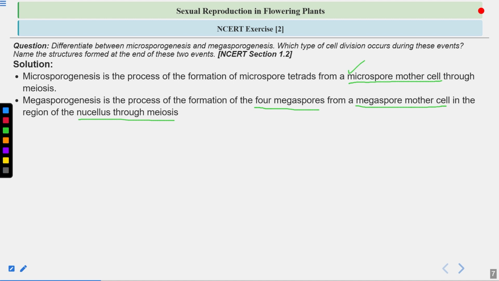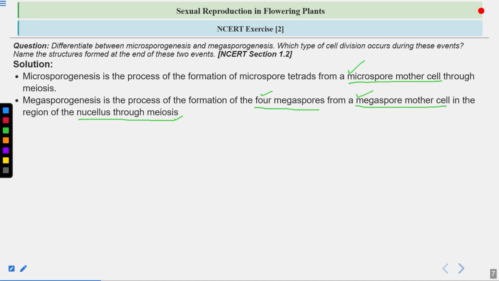All the sporogenous tissue has the capacity to form microspore mother cells, right? But one of the cells of the nucellus transforms itself into the megaspore mother cell. This megaspore mother cell is still diploid. It undergoes meiosis division and forms the 4 megaspores.